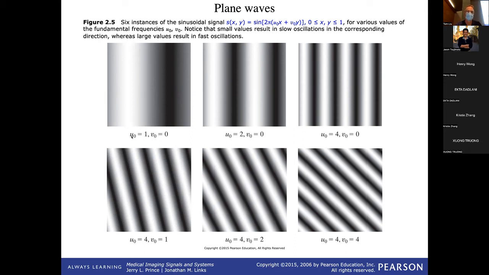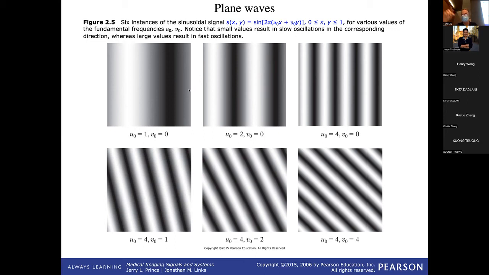Anyway, if mu naught is 1, then we have 1 cycle of a sine wave across this unit dimension in x. So this could be, say, 1 centimeter from left to right. And with mu naught equal to 1, that's like 1 cycle per centimeter. So when we move from left to right, it goes through its peak, goes back through 0, goes through a trough, and then back.